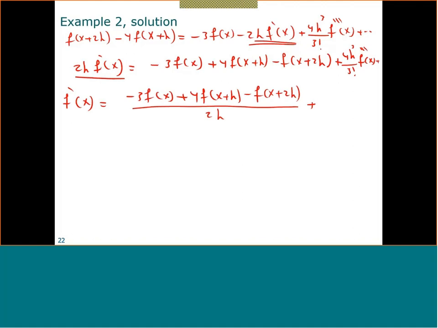So this will give me 2h squared divided by 3 factorial f triple prime of x, etc. So this is the formula, and the order of the error is h squared. Okay, so this is how we do this.